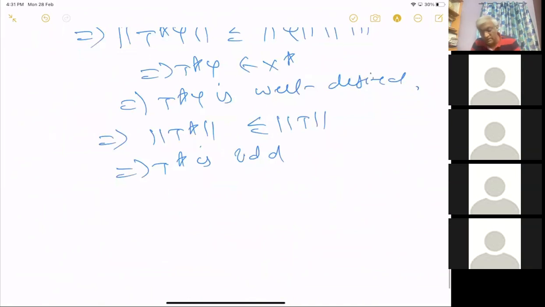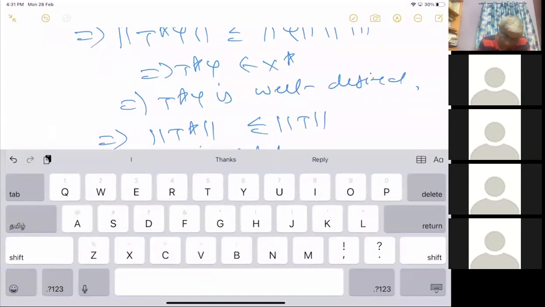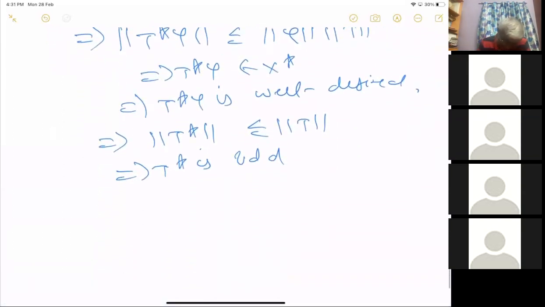Further, we can actually prove that T star star restricted to X is equal to T, because by the same prescription, T star is bounded, so there is a T star star from X star star to Y star star.